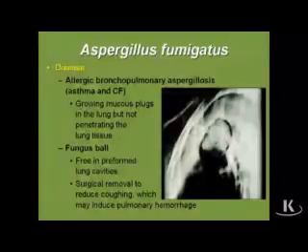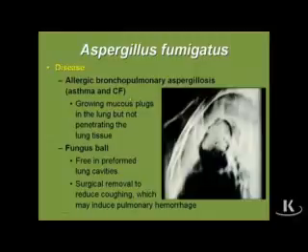Now, the diseases that can be caused by Aspergillus are different. There is an allergic type reaction called allergic bronchopulmonary aspergillosis. And what happens here is typically farmers will start to inhale a lot of the mold, for example, in the hay, and they will develop kind of an allergic reaction to Aspergillus.